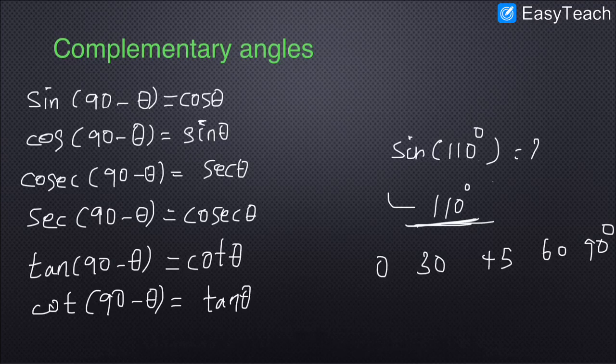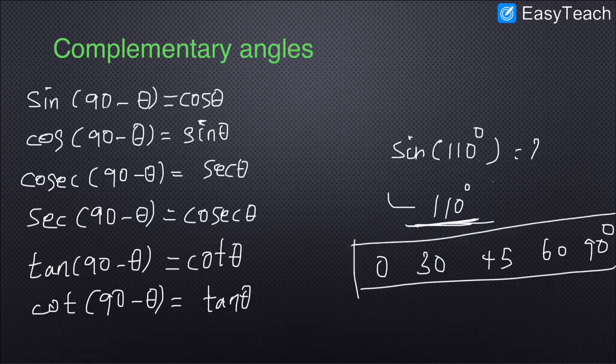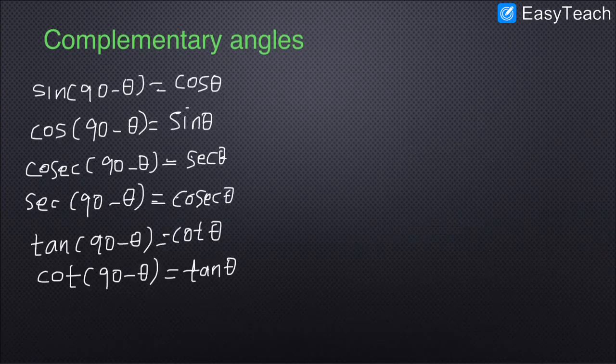So in this case, by converting this 110 degree to a standard angle, any one of these, it will be easier to find the value of the corresponding angle. Here in this case, we write sine 110 degree as sine of 90 plus theta. Next are the complementary angles. Sine 90 minus theta is cos theta. Sine and cos always pair together.